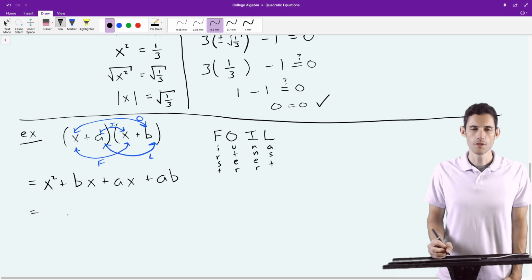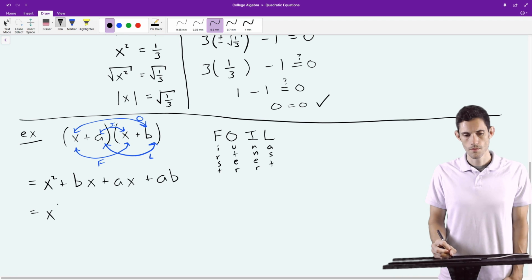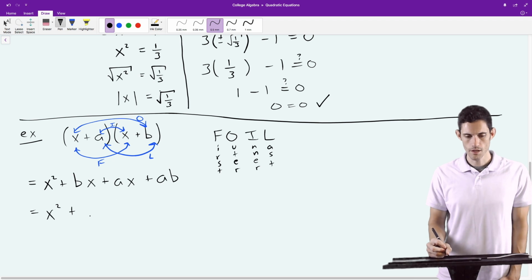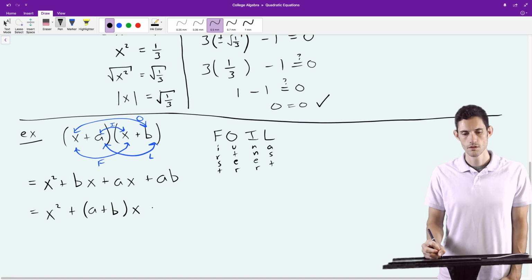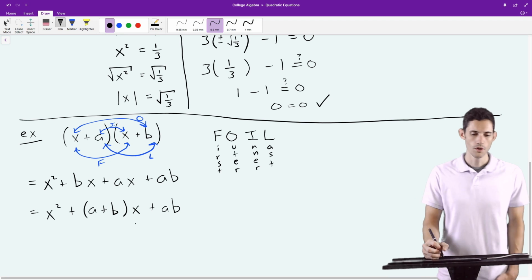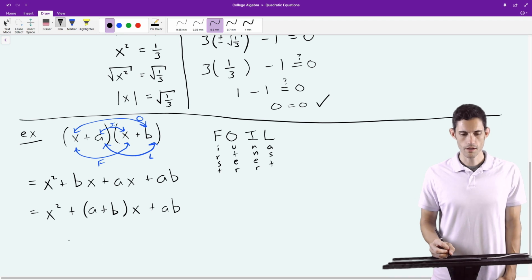So then there's one simplification you can make. The two terms in the middle have the same power of x. It's a times x plus b times x. So I could write a plus b times x. So this is a quadratic polynomial.